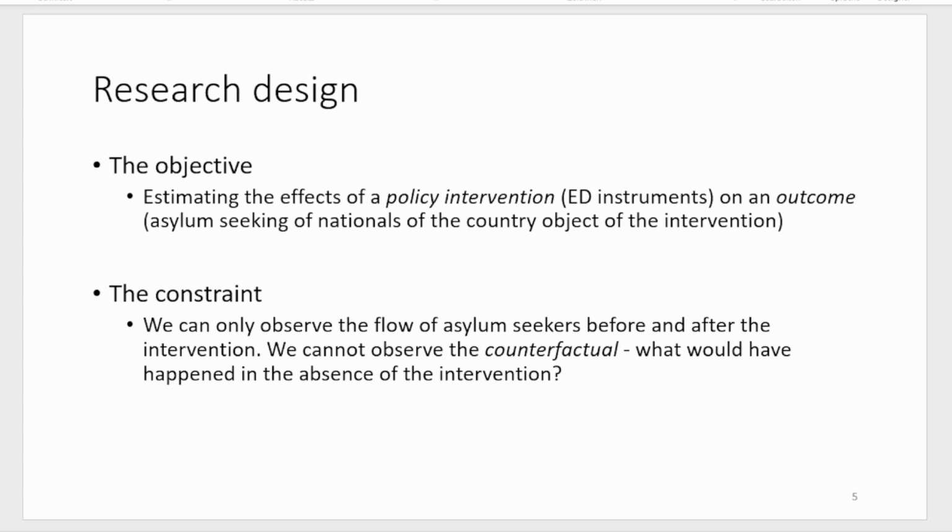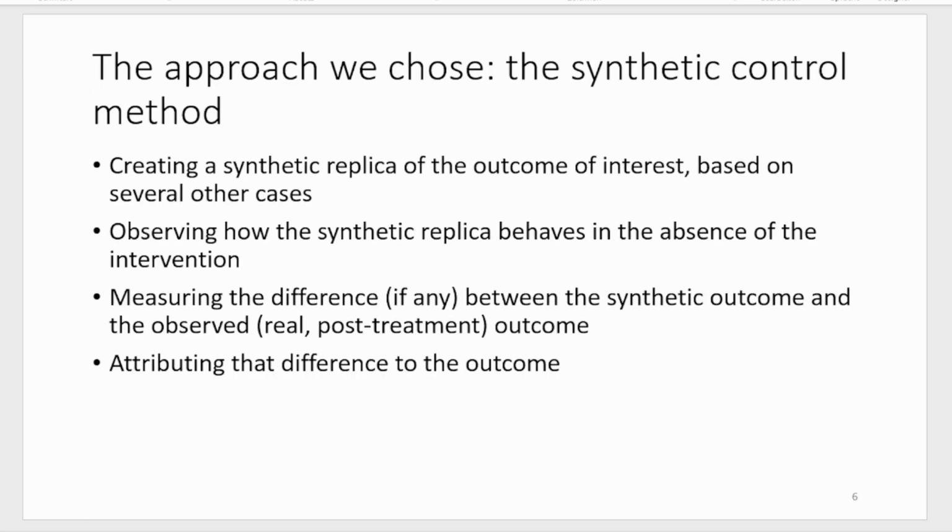You create a synthetic replica based on several other cases, and then you observe how this synthetic replica behaves in the absence of the intervention, in this case, the agreement. Then you measure the difference between the real outcome, the flow after the intervention, and the synthetic outcome, the synthetic flow without intervention, and you attribute the difference to the intervention.